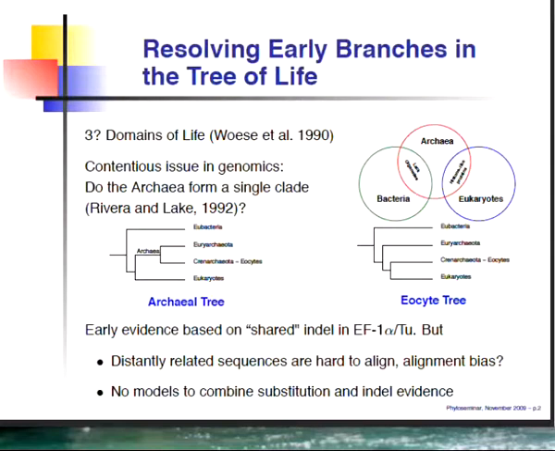Now, this immediately drove a number of contentious issues in genomics. One of the first to question the three-domain of life hypothesis was a long-term colleague of mine, Jim Lake, and a collaborator of his, Maria Rivera, here at UCLA. Jim first looked at the archaea and thought something was a little amiss.